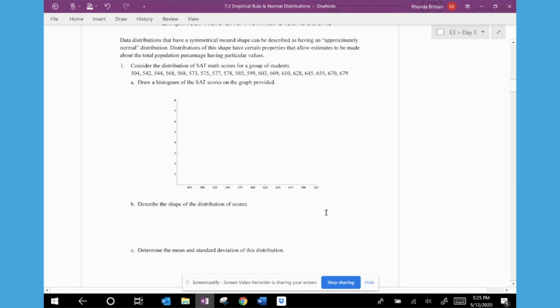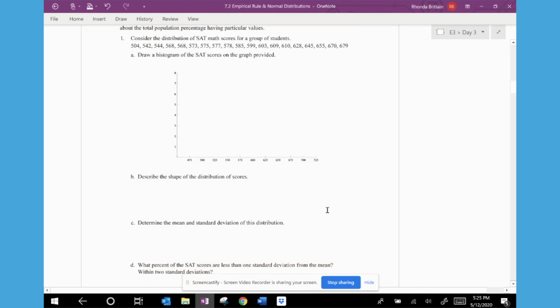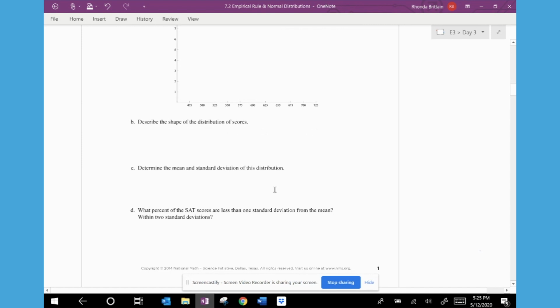We're hoping it's approximately symmetric since the lesson is on normal distributions. And they can use technology to calculate the mean and standard deviation. And then finally on part D, they'll actually use the data and determine the percentages of the scores that are less than 1 standard deviation and also within 2 standard deviations of the mean.